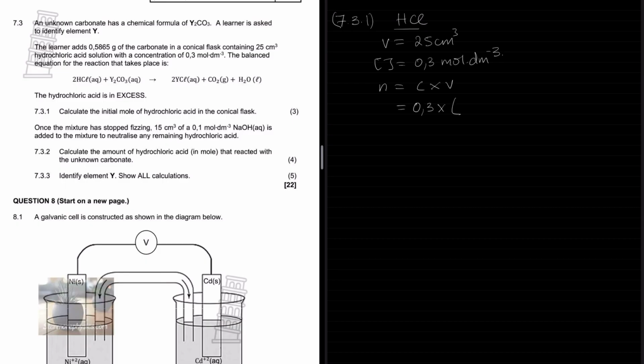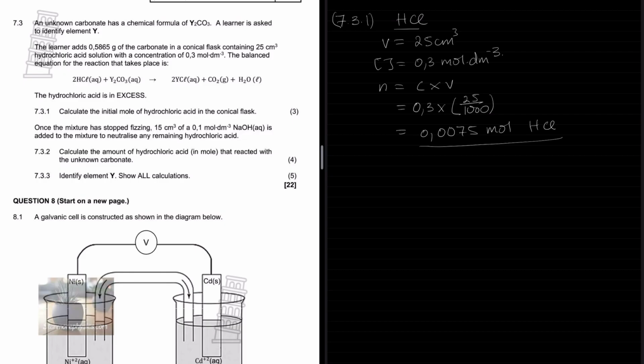Remember, 25 cm cubed, we must convert to dm cubed, so 25 divided by 1,000. And that's going to give us an answer of 0.0075 moles of HCl. Now remember, this is the total number of moles present.